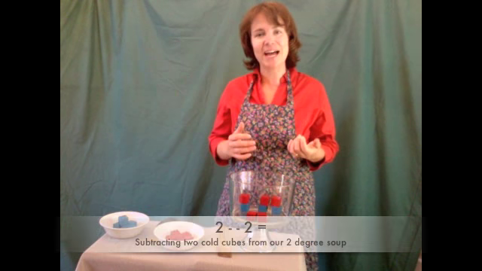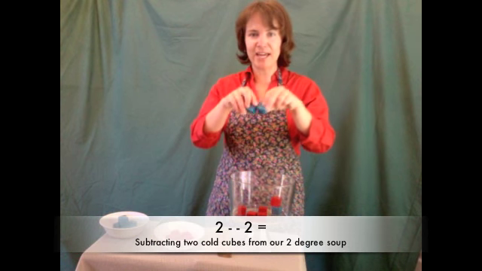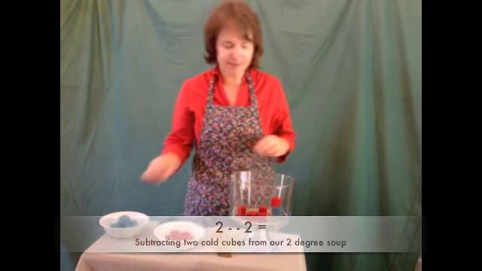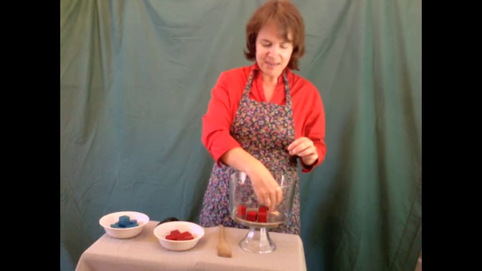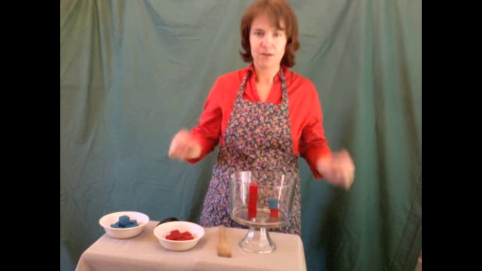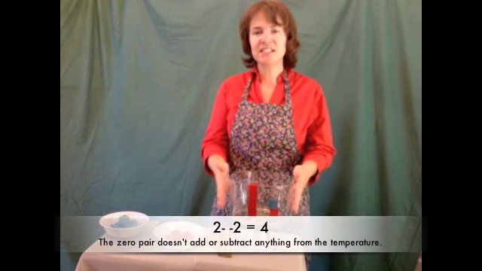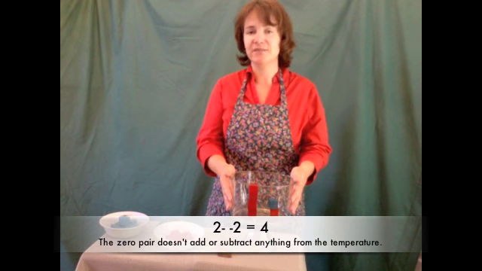I'm going to subtract 2 cold cubes. Taking them away. And let's see what we have left. We've got 1 0 pair still here. And then we have 4 hot cubes. So this gives us a total temperature of 4 degrees, positive 4 degrees.